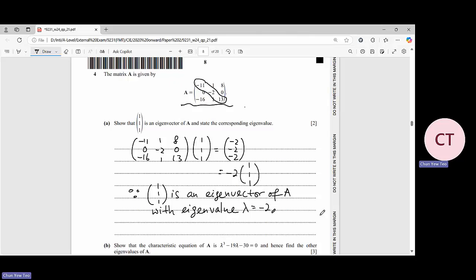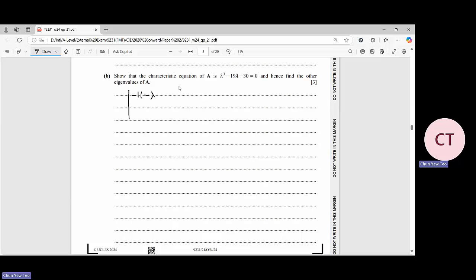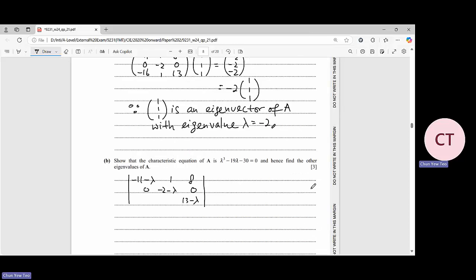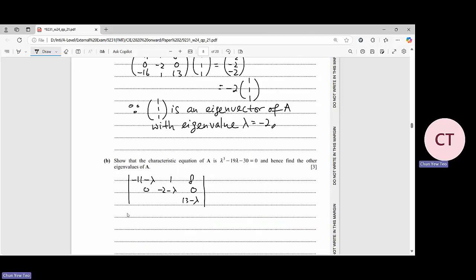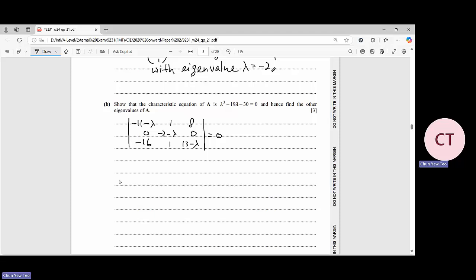So -2 minus lambda, this is a 1, this is an 8, -2 minus lambda, 13 minus lambda, 0, 0 here, -16 and 1, equal to 0.